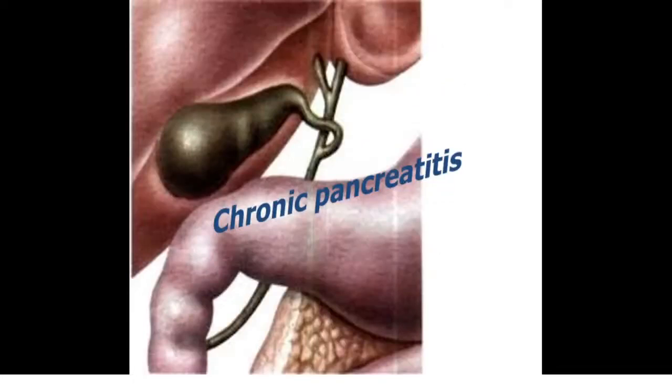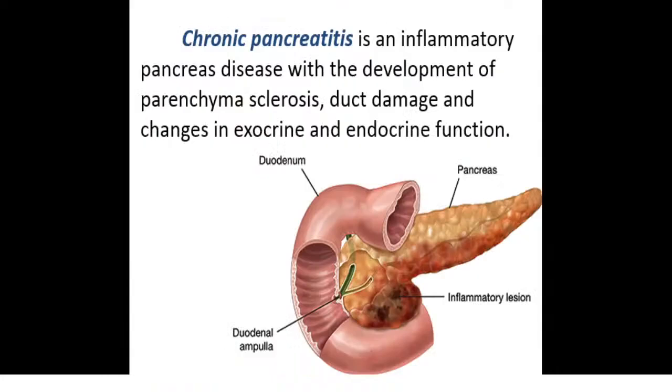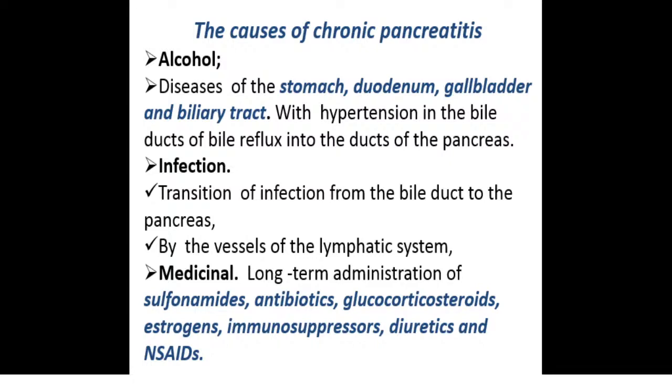Chronic pancreatitis. Chronic pancreatitis is an inflammatory disease of the pancreas with the development of parenchymal sclerosis, duct damage, and change in exocrine and endocrine function of this organ. The causes of chronic pancreatitis.